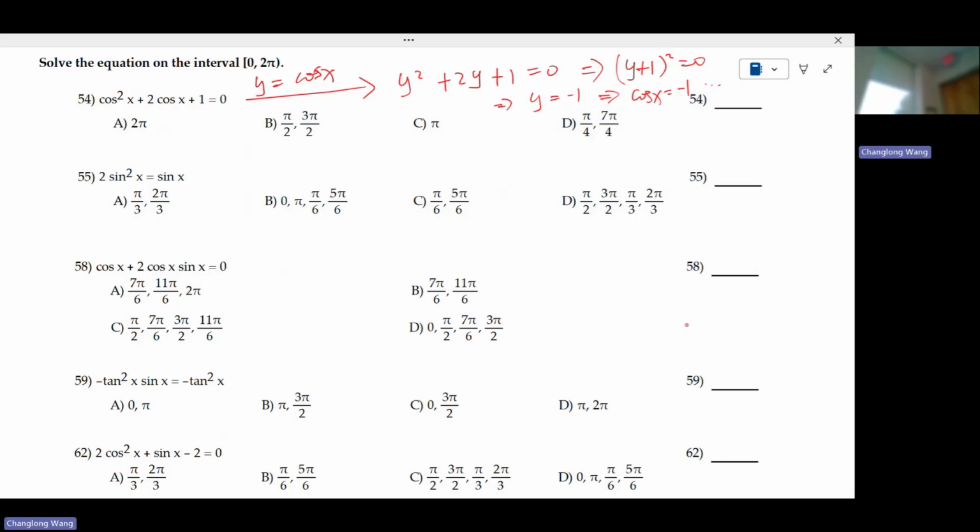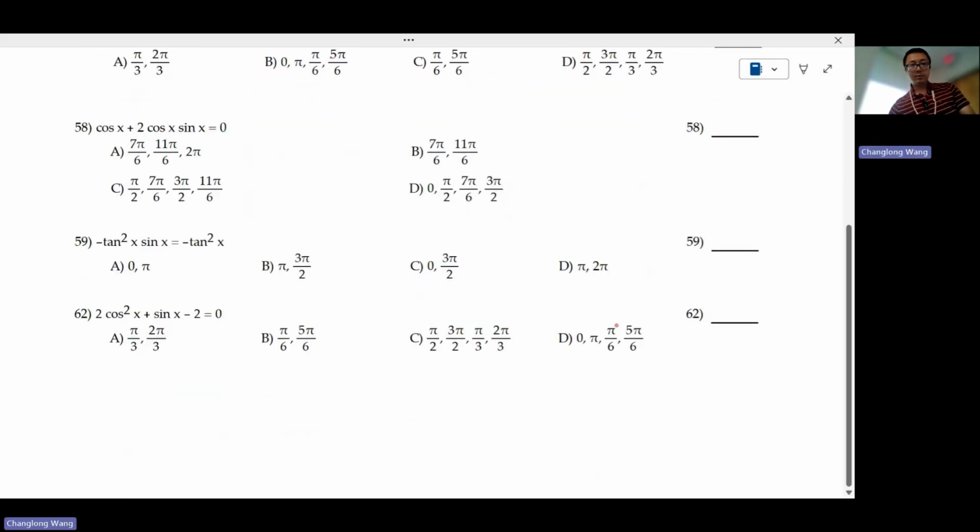But I want to ask you, what if it's 62? What would you do? How would you factor it? Cosine square and a sine, right? So when you have things mixed up, you wish that you can just factor the GCF, right?